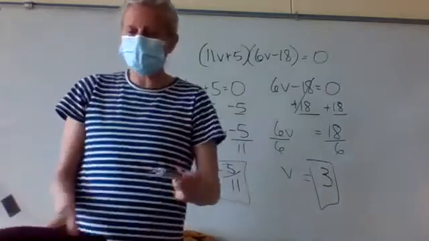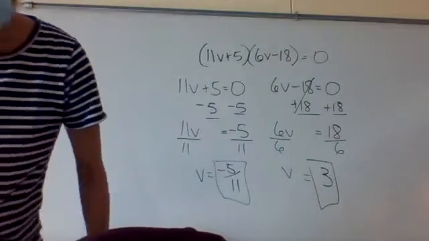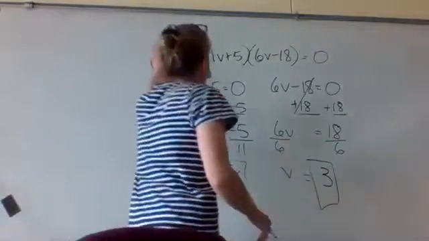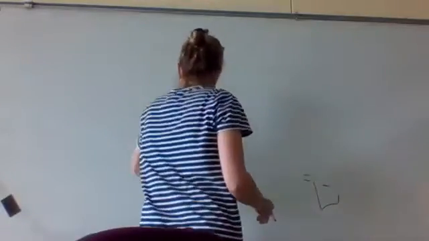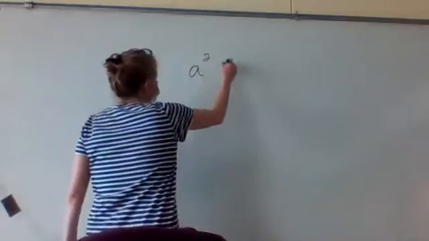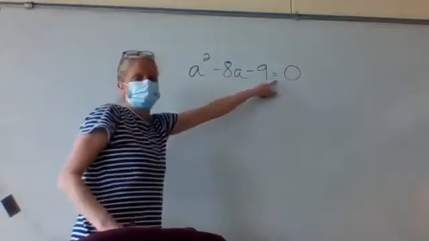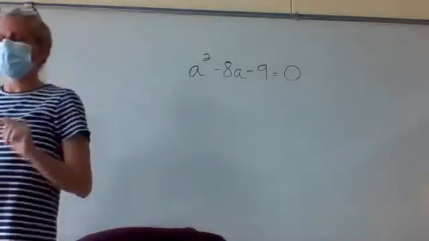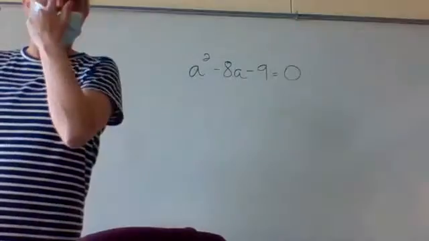All right, number 2. A squared minus 8a minus 9 equals 0. So anytime you have an equation and it's squared and you're looking to solve it, you can use your quad program, right?